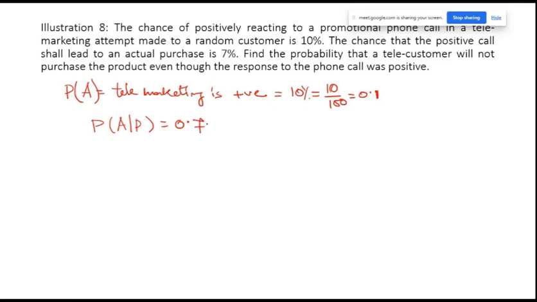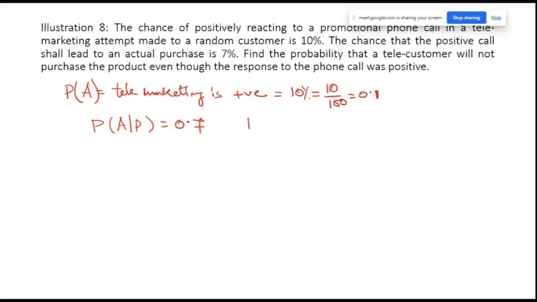That means a positive call which led to an actual purchase. You know that the purchase was done, so the chance that a positive call led to a purchase is 0.7. So that probability is known. Now find the probability that a telemarketing customer will not purchase the product.